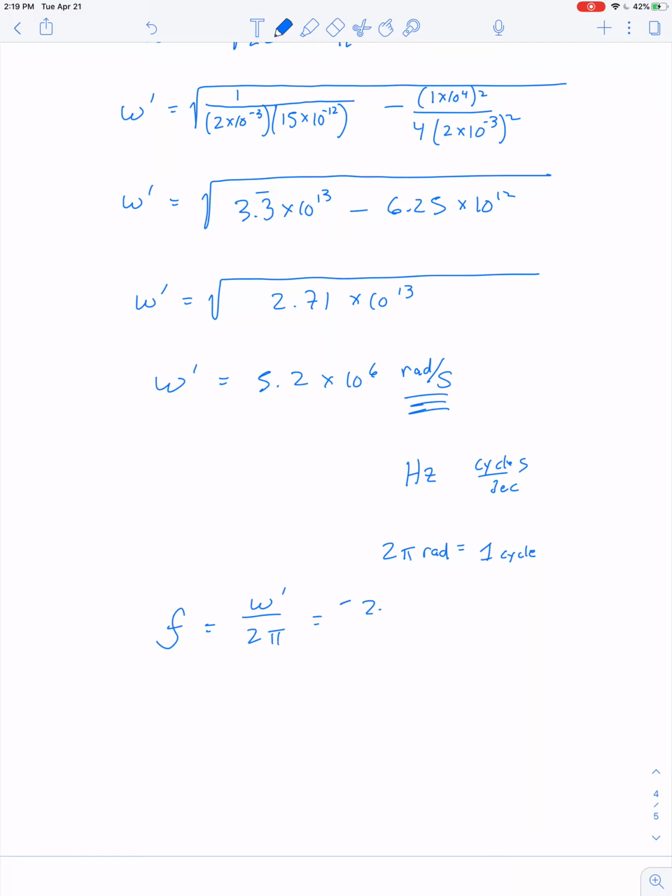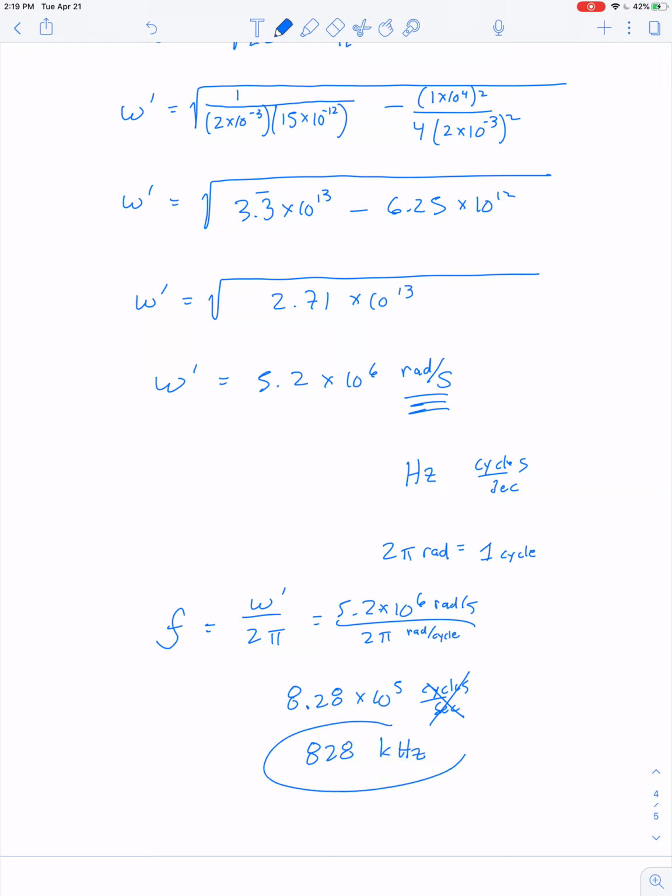So if we take 5.2 times 10 to the 6th radians per second and divide it by 2 pi radians per cycle, then we get about 8.28 times 10 to the 5th cycles per second, otherwise known as 828 kilohertz, which is somewhere within the AM radio frequency range.